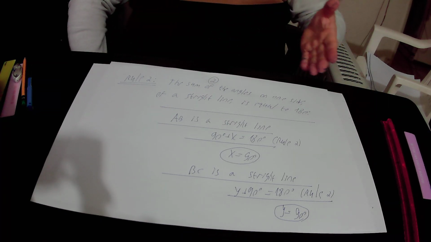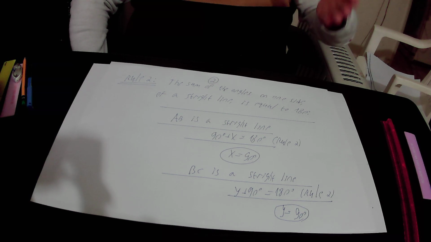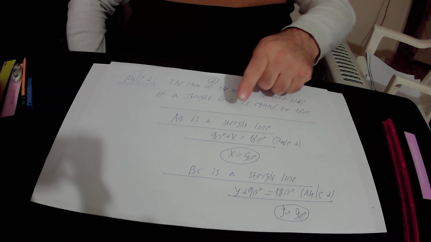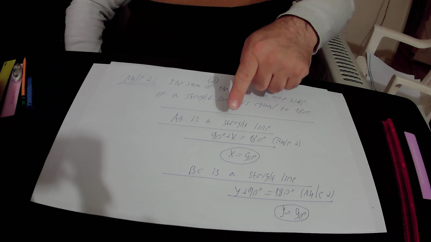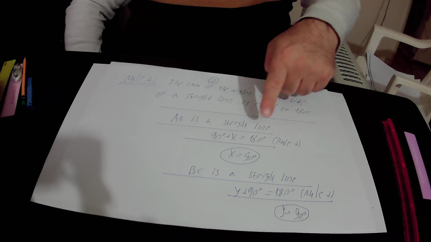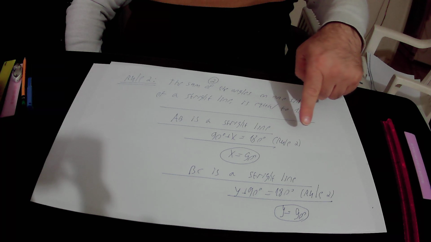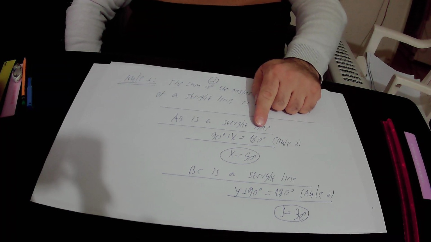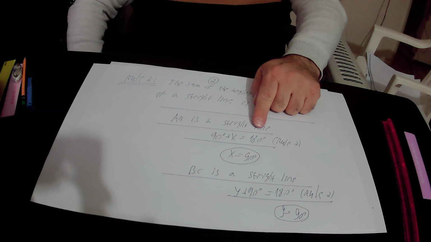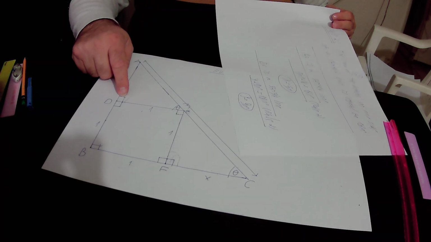We subtracted 90 degrees from this equation, and we got that angle X equals 180 degrees minus 90 degrees, which is 90 degrees. So we found that this angle equals 90 degrees.